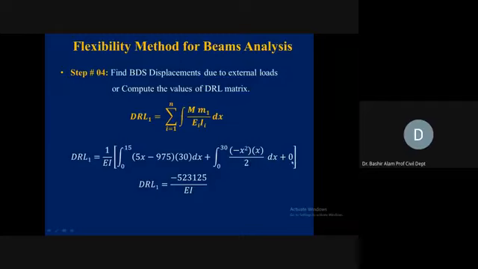Plus, we have the member CD contribution, so there the value of M and M1 was 0 times 0, so 0. DRL1, when we integrate this, put the limits and add all the effects, is coming minus 523,125 divided by EI.